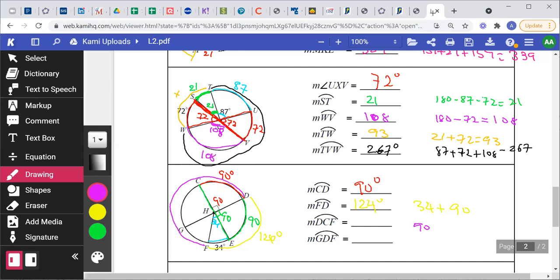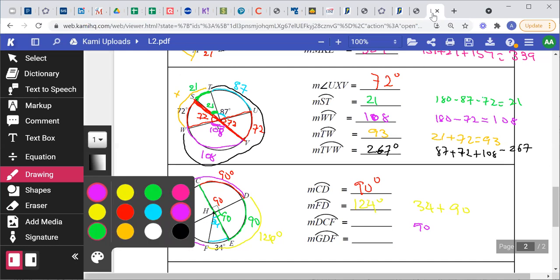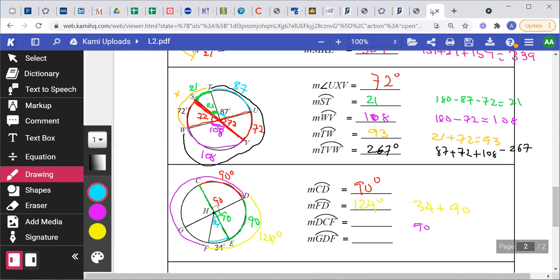So what are we going to do? Okay, thank you, Tyler. Tyler said, since this is a diameter, this angle is also going to be right. So they're going to be 90. So this angle as well is going to be 90.